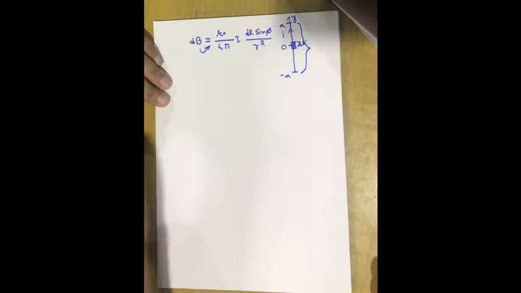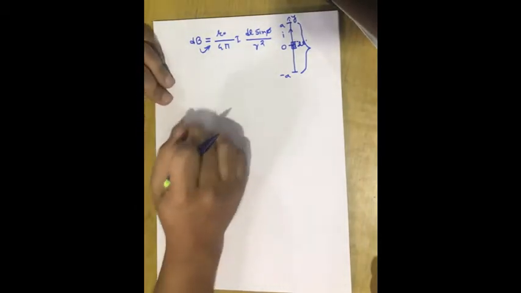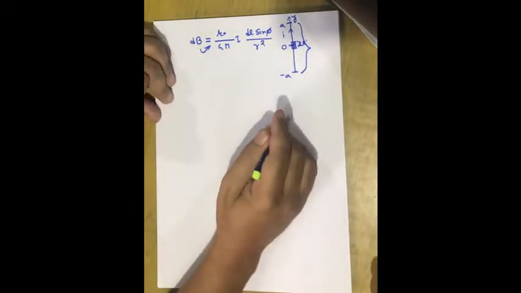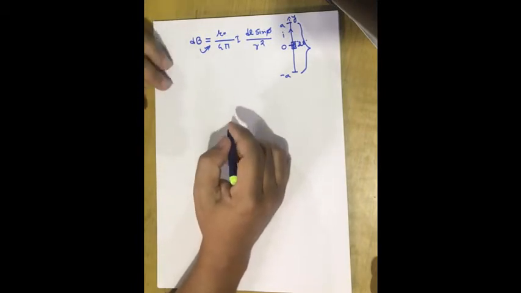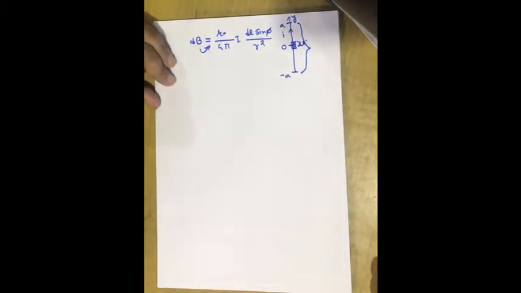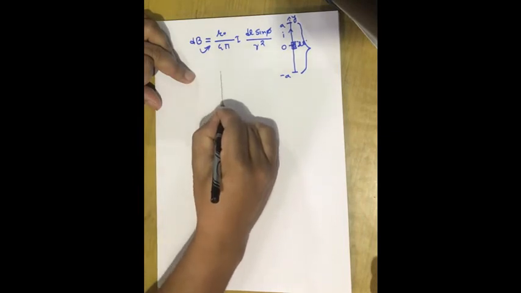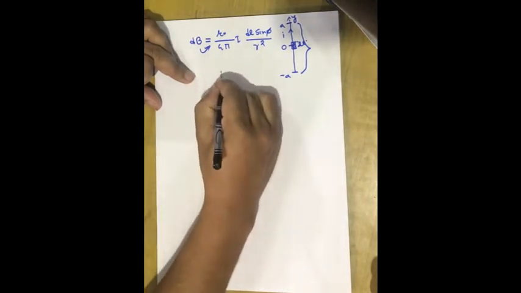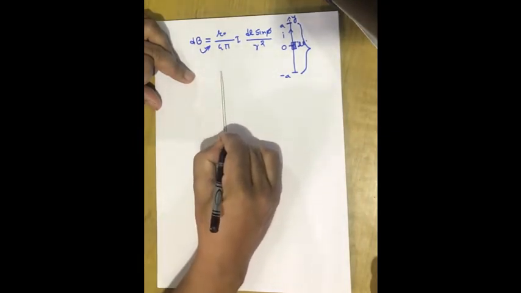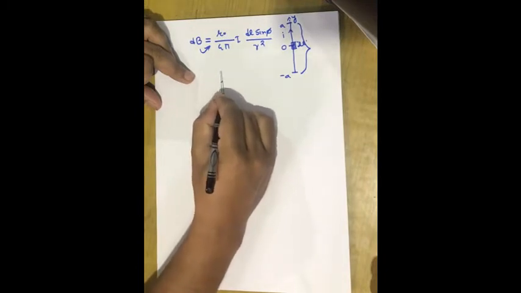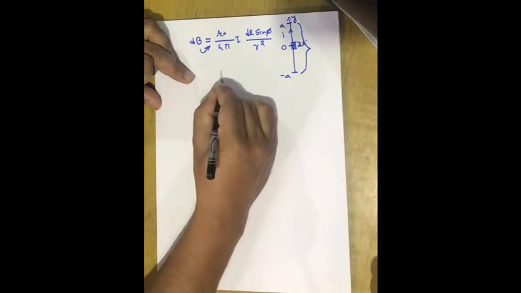Let me rewrite the diagram again, and then we will see how to proceed. Say this is our current carrying conductor, and this is the length dl which we have considered.